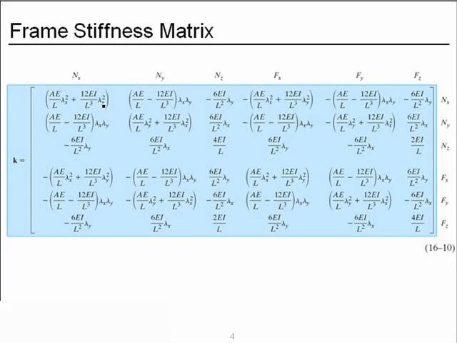Within this matrix, we see the directional cosines showing up sometimes by themselves, sometimes multiplied by each other, sometimes squared. And we see repetition of other terms, AE over L, 12EI over L cubed, 6EI over L squared, 4EI over L, and 2EI over L. So let's calculate those terms for member 1.